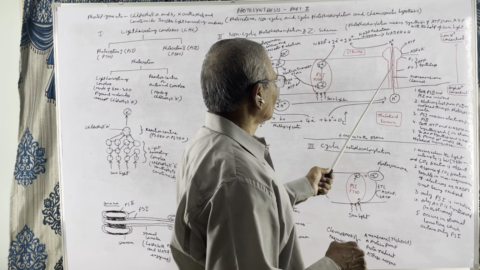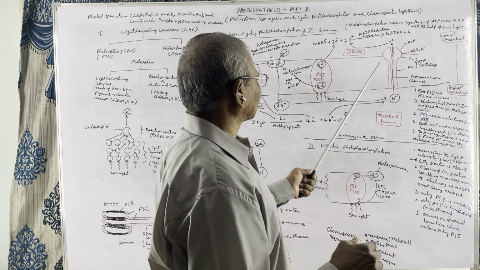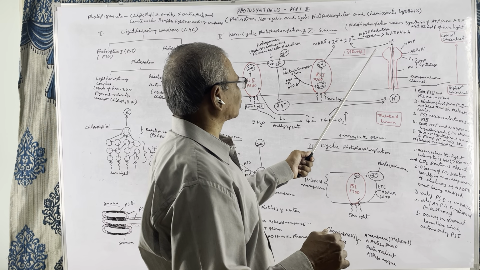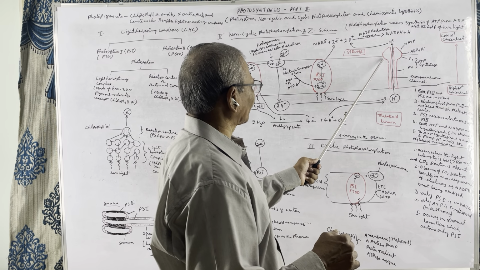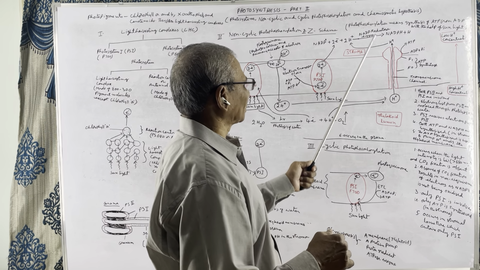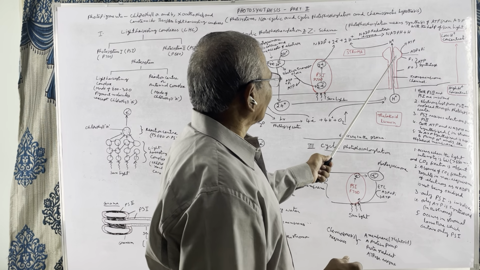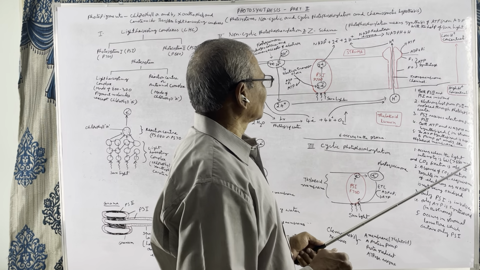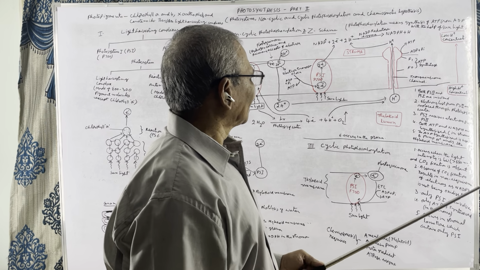The F1 particle protrudes from the surface of the thylakoid membrane into the stroma. The F1 particle has the enzyme.